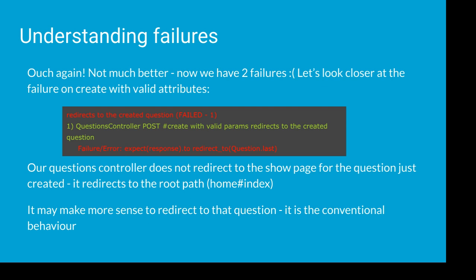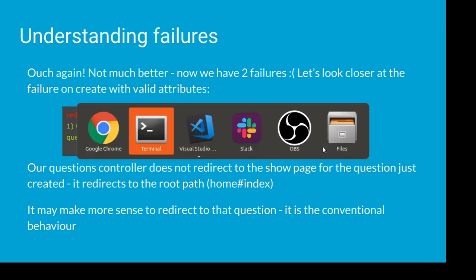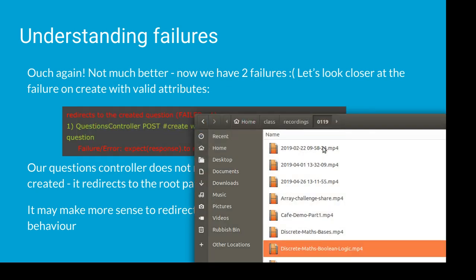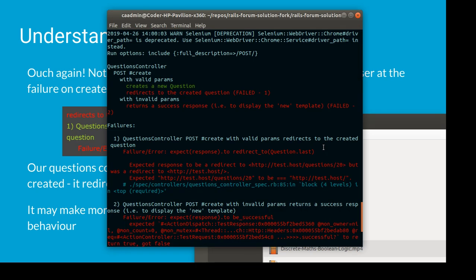So right now, when we create a question, do you remember what happens when we create a question with the app the way it is right now? Okay, let's have a look at that. So I'm just going to run it.